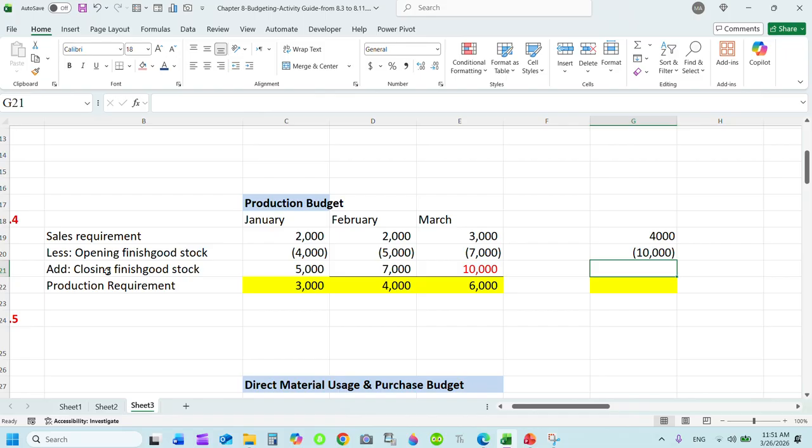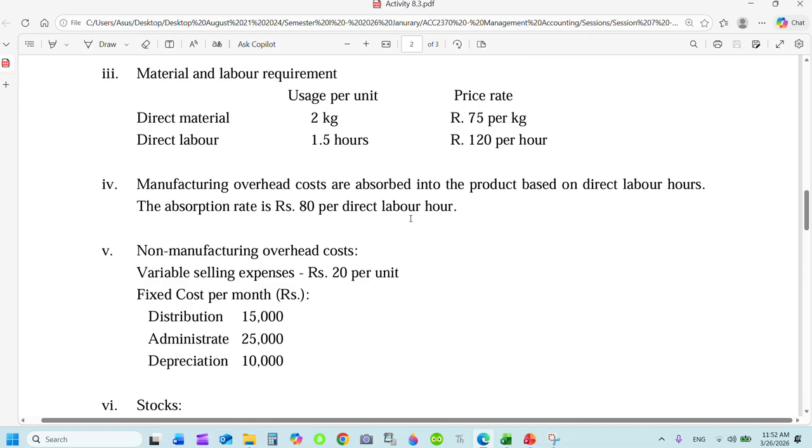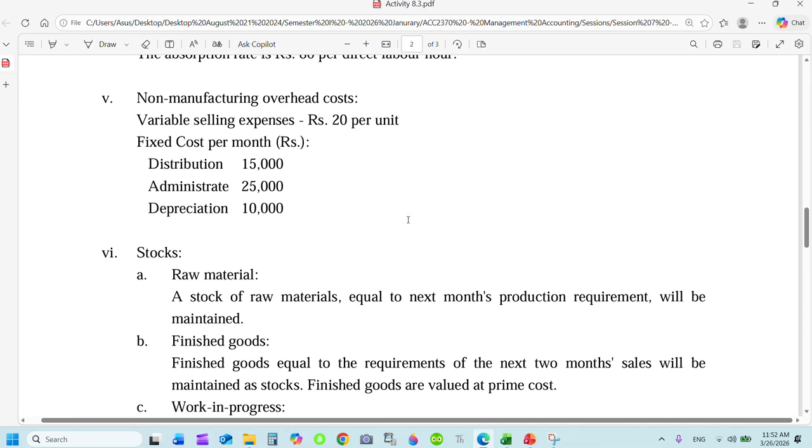Then closing stock. April month closing stock. So what is the closing stock policy? Have a look at the closing stock policy for the finished goods we considered earlier.